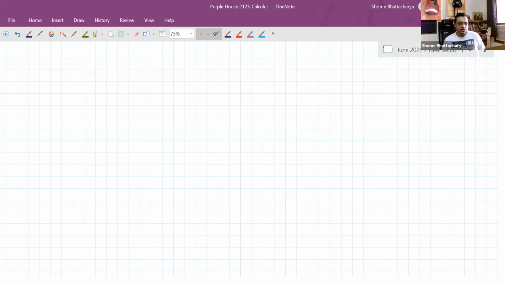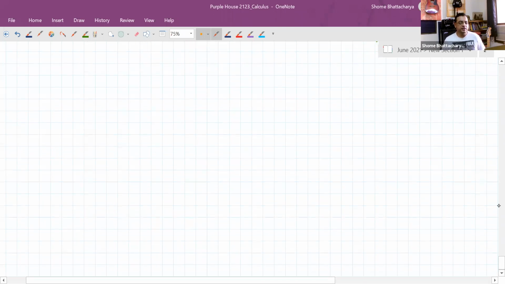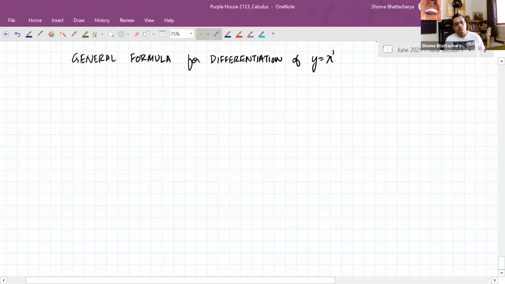Okay, so now having seen these couple of examples of application of this definition of instantaneous rate of change, let's come to the general formula for differentiation of x to the power n, where n is any real number.